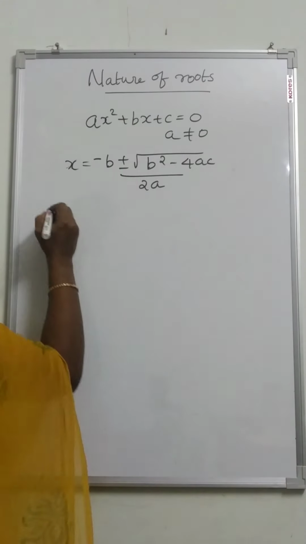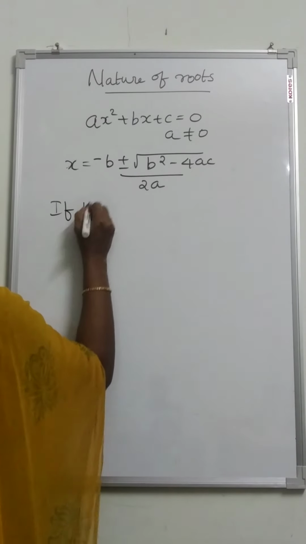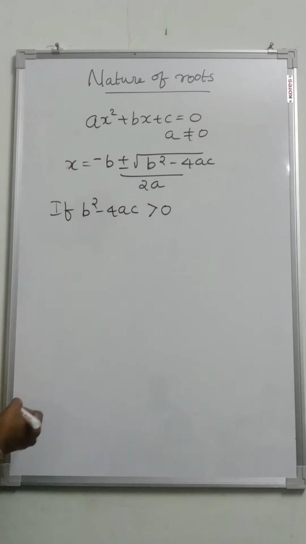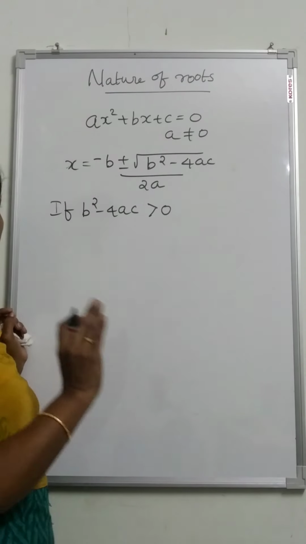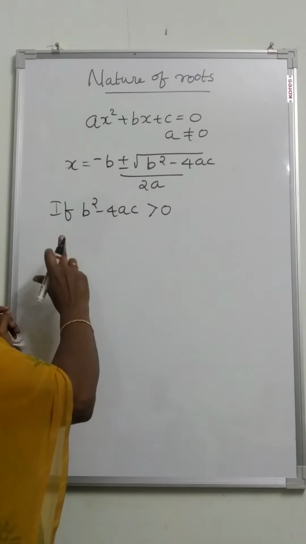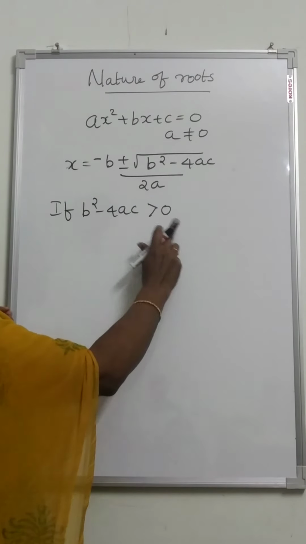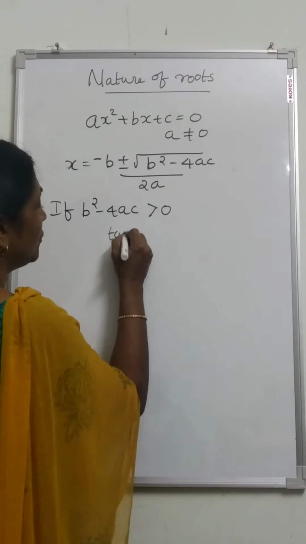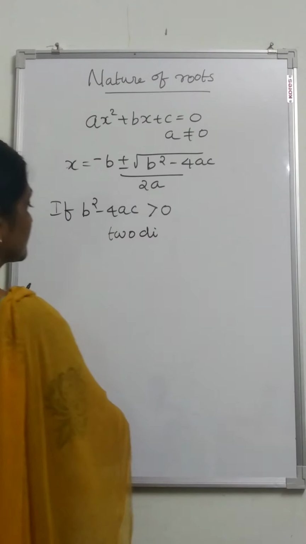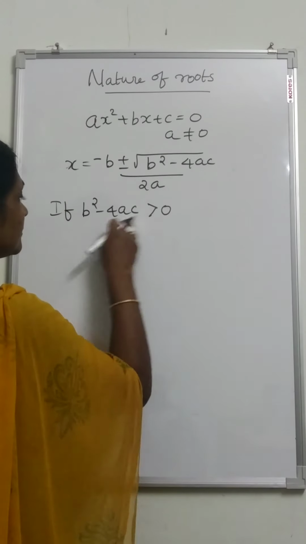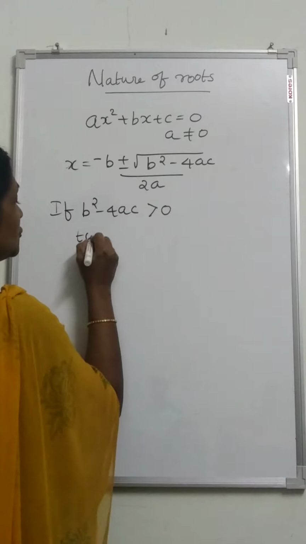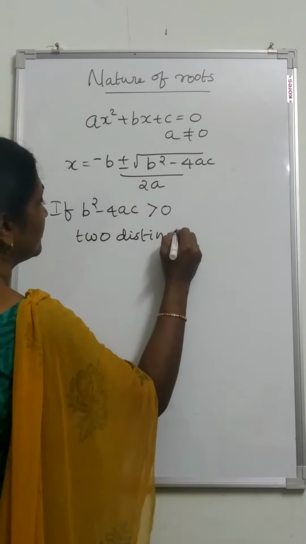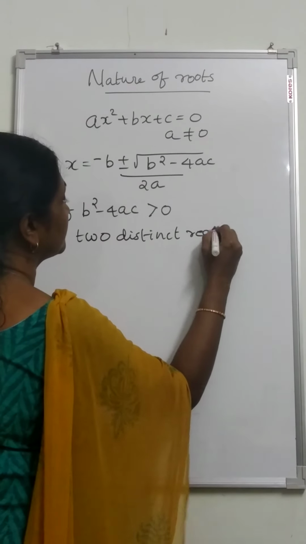If b square minus 4ac is greater than 0, then the equation has two distinct real roots.